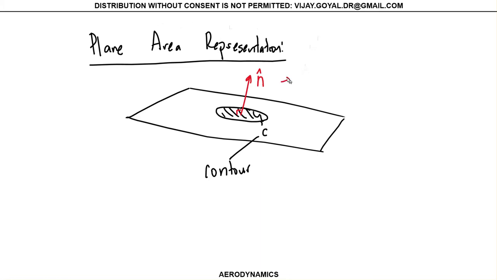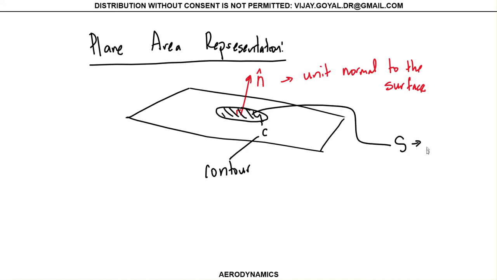Okay, so this is the unit normal to the surface. And then the enclosed area, let's call this S. S will be the area inside the contour.